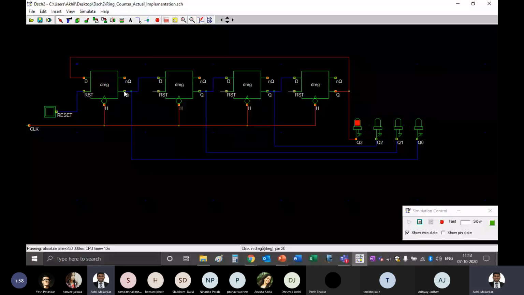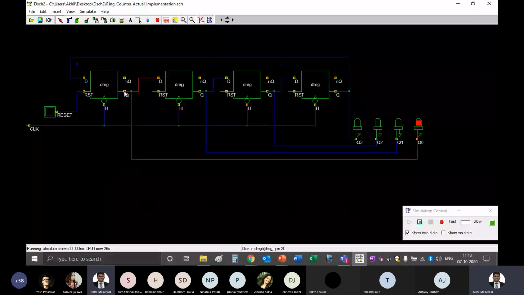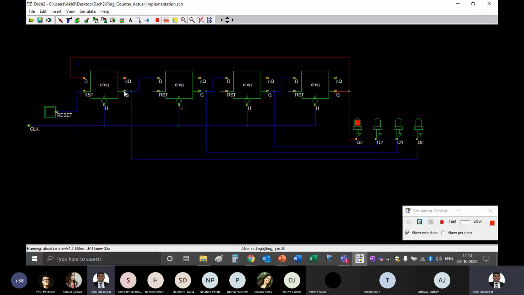You get only one output 1 at a time. So this is called a one hot sequence. Are you all able to see this? Hemant, are you able to see this? Yes, sir. So you can actually reset only the first one, but just for the sake of it, you can show that everything is reset before.